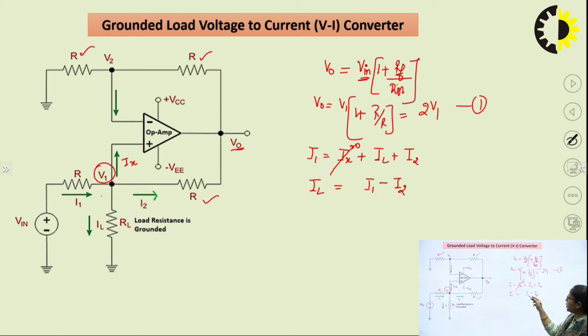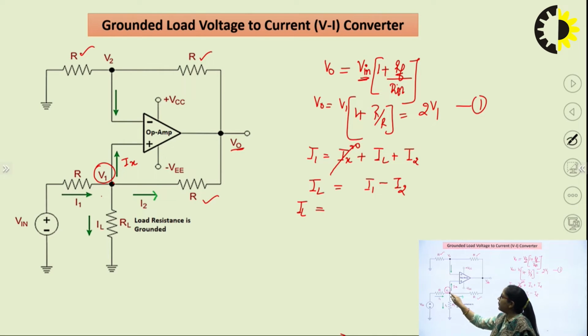Now, we will mention the value of I1 and I2 in terms of voltage and resistances. So, we will write IL as it is. What is the value of I1? I1 is the current flowing in this particular branch. So it is flowing between V in and V1. So what will be the value of I1?